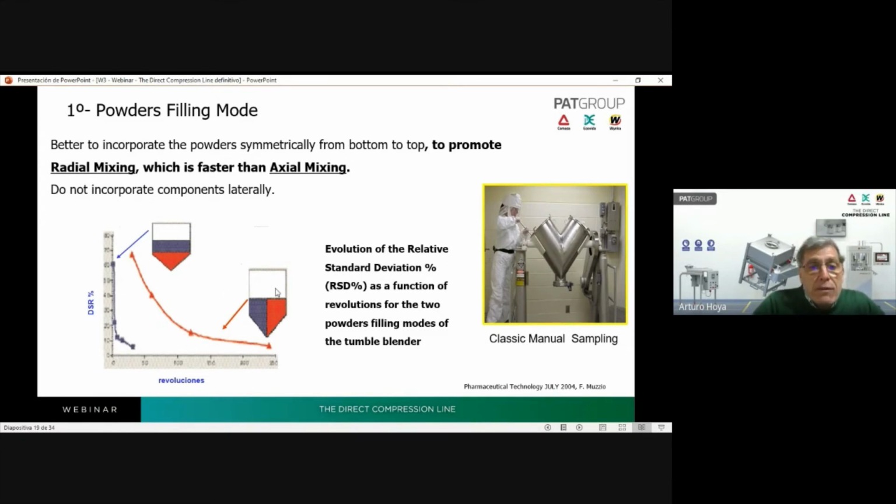With a different powder filling, in this case, it is very slow. I know that you perhaps fill the components in this way, but try to avoid putting the components side to side, because the axial mixing is very low and can affect the time you need to reach good uniformity.